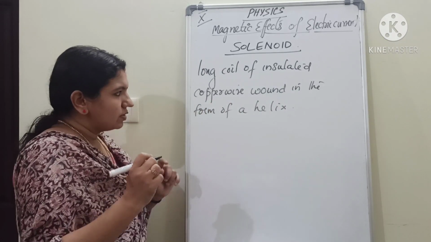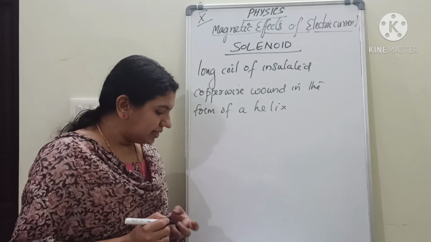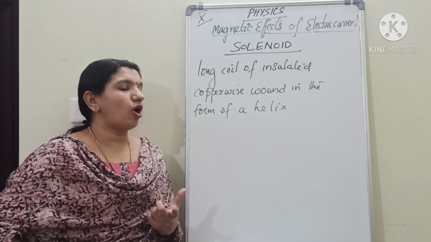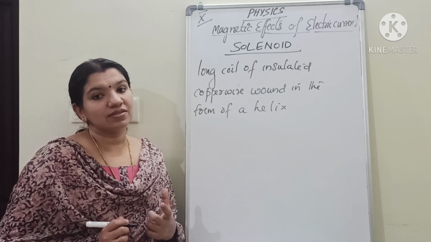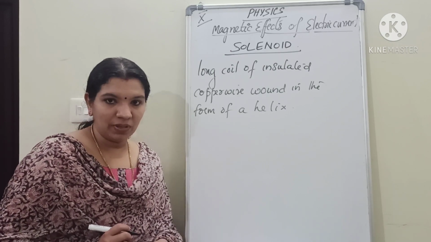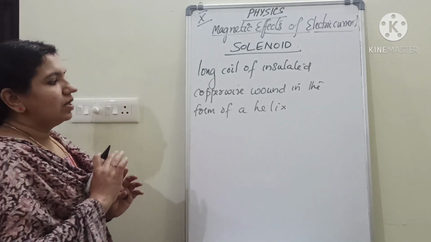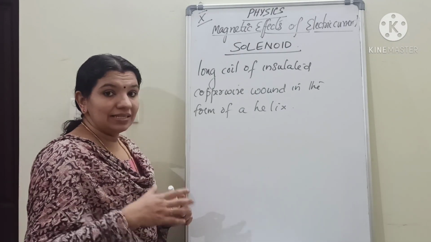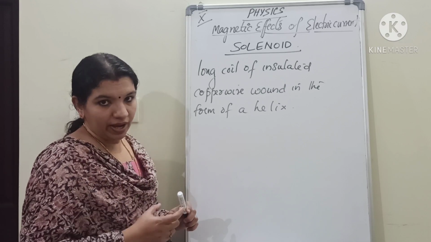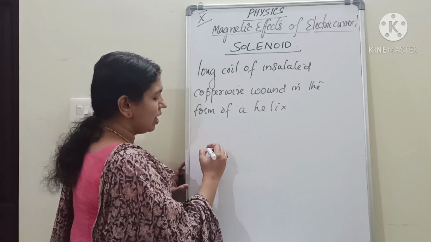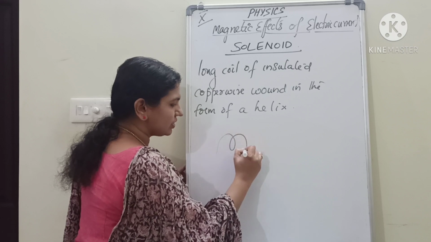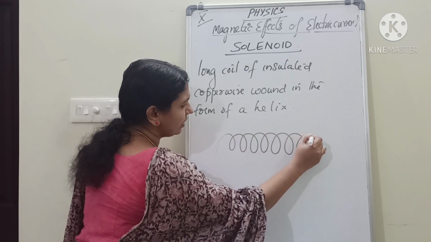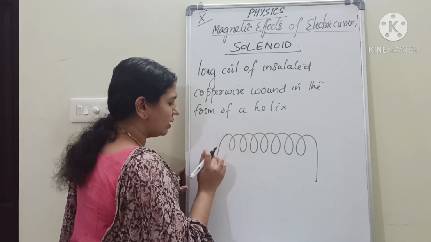So long coil of insulated copper wire wound in the form of a helix, that is solenoid. What does it mean? You have a coil like structure, and it is insulated copper wire. So it is a long coil like structure which is made up of insulated copper wire. So this is called solenoid.